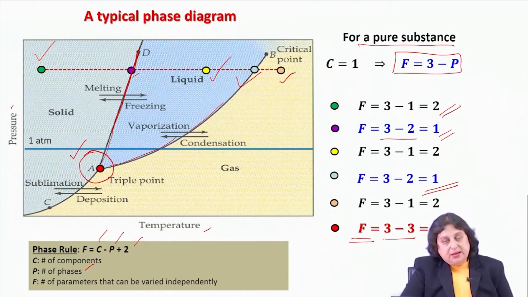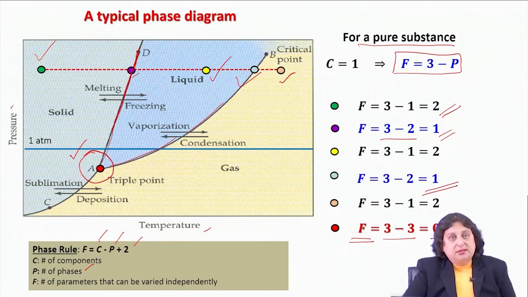Now, what does it mean? It means that here the temperature and the pressure values cannot be varied if you want to see all the three phases in equilibrium, and therefore a triple point is a characteristic constant for every pure substance.